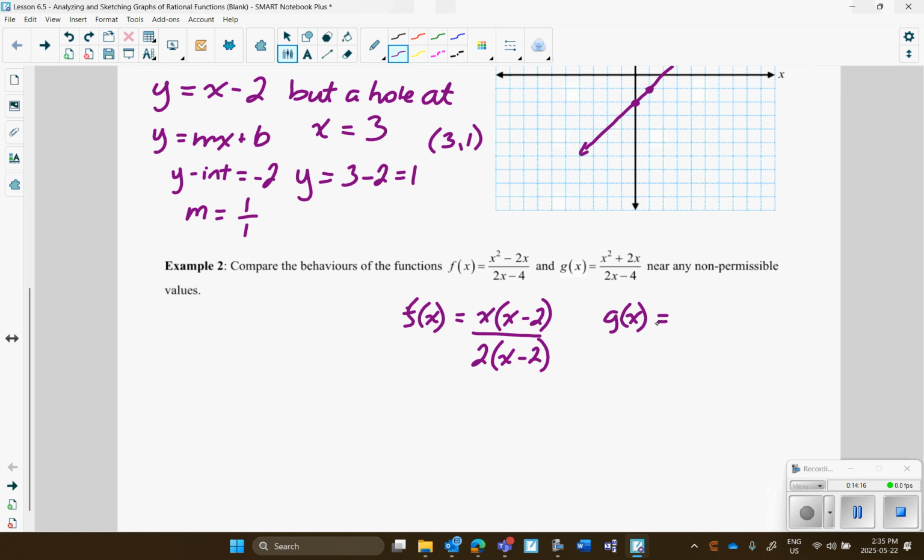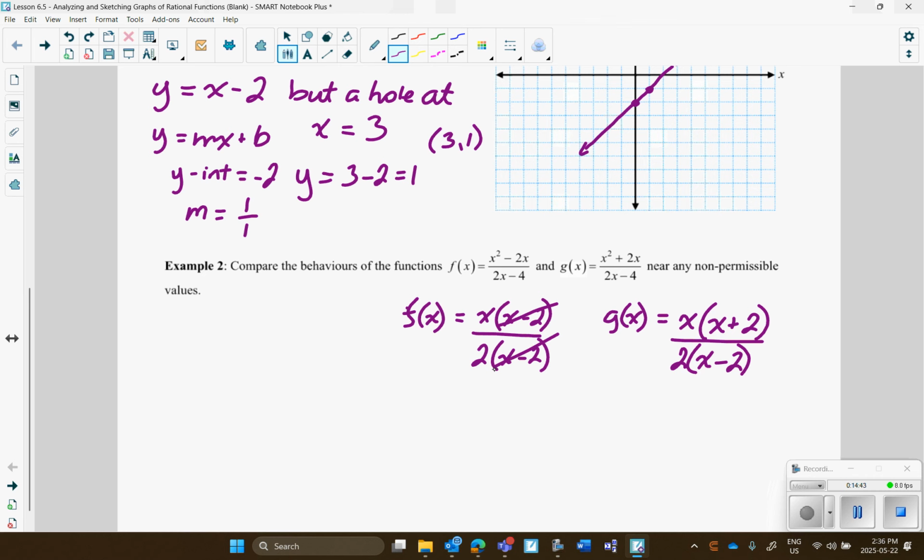What's this one look like in factored form? x times x plus 2. Can you do anything with one or both of them? Yeah, you can cancel these out.